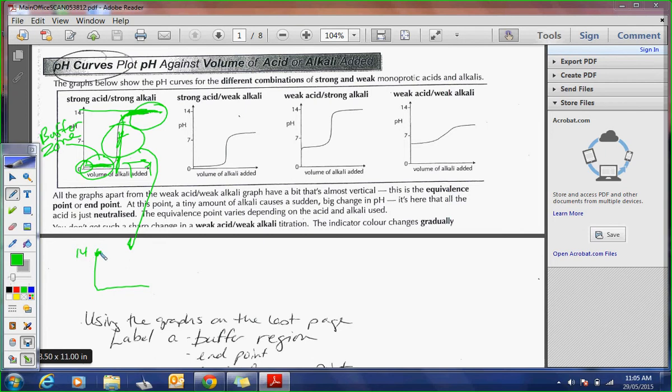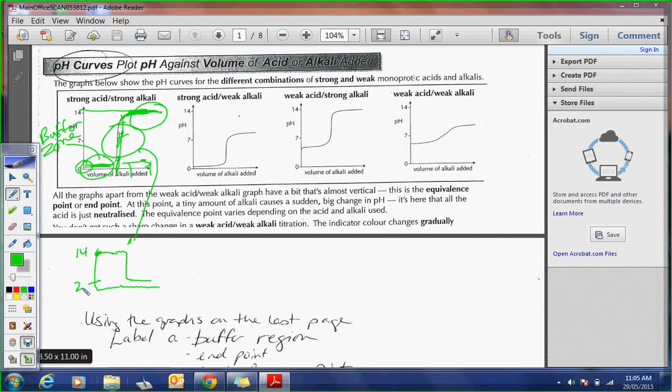And there'd be a buffer zone, buffer zone, buffer zone, equivalence point. And then you just keep adding acid, acid, acid until just my acid is being added. So here's my pH of 2 now.